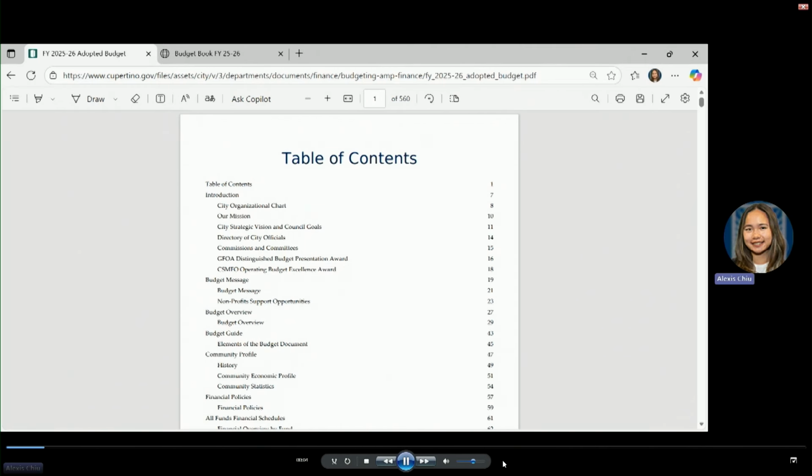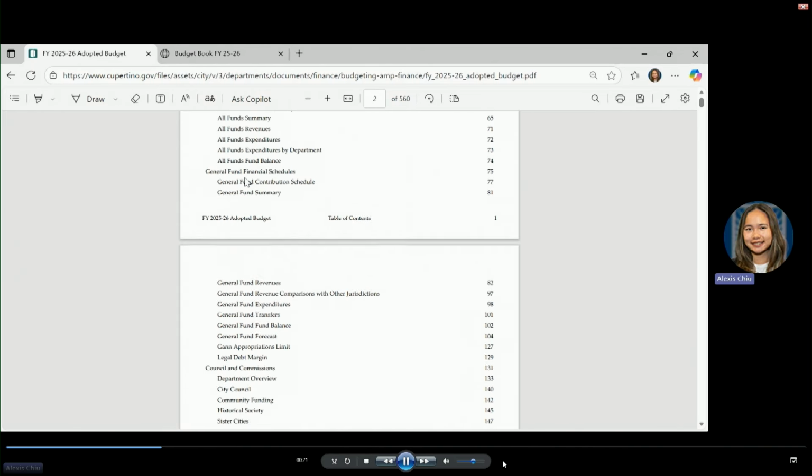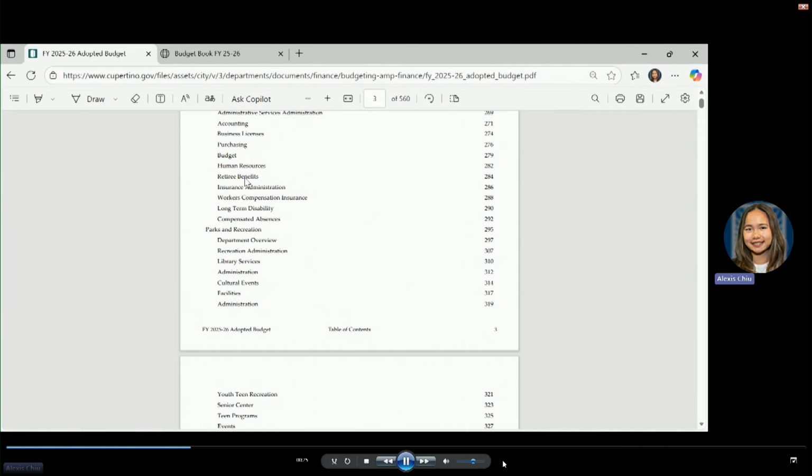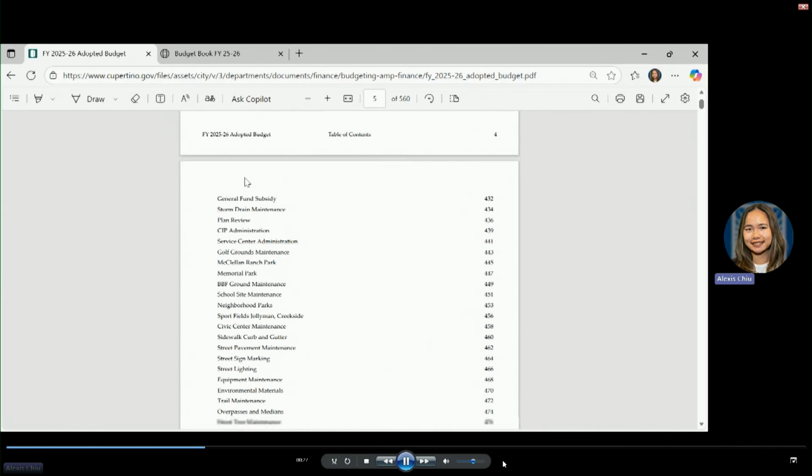Hi everyone, so today we're going to be showing you some ways to navigate through both the budget PDF and the OpenGov publication of the budget. So first of all, when you open the adopted budget PDF, it brings you to this table of contents, which tells you all the pages and what page numbers they are on of this PDF.